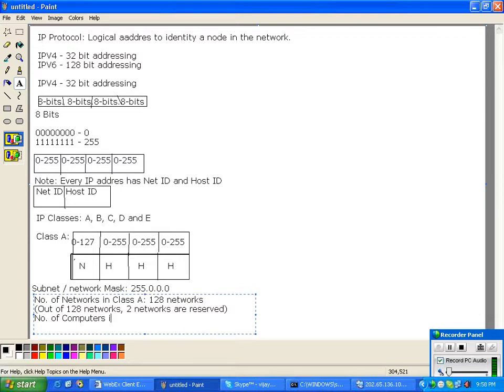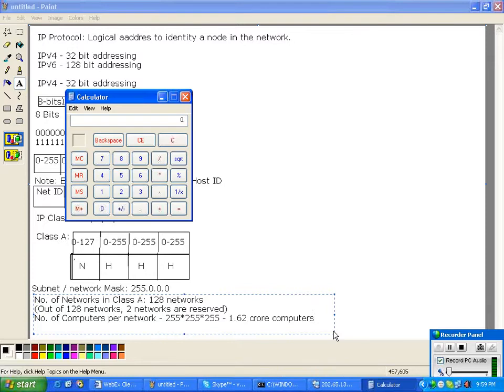And number of computers per network in class A. 255 into 255 into 255. It goes to 1.6 crore computers.